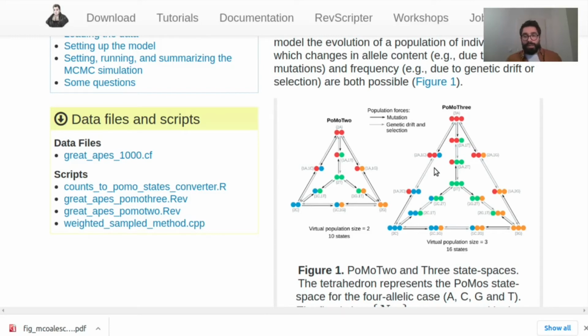So depending on the processes that I'm assigning to these arrows, I may have a more or less complex description of the evolutionary process, but still a much more complex description than the standard nucleotide models, because those would model a substitution which would be jumping from this fixed state to this fixed state. And POMO accounts for all the intermediate possibilities and events that a population may actually be in during time.